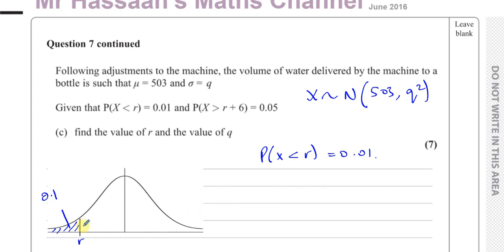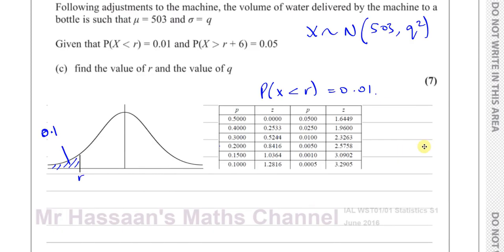So now we can look at the table of values. But this time, because the area we've been given is one of these more exact type of values, we could use the table on the top, the smaller table. So let me bring that across. Okay, so there's a table. In this case, this stands for the probability of the area to the right of these z values.